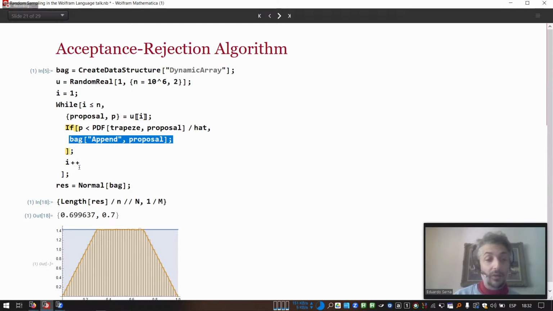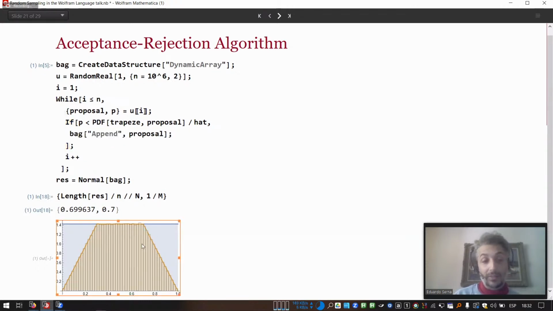We do this in a loop, and we get the samples that we can see here, the histogram overlaid with the PDF, and we see that it follows quite nicely. But we also see that we've essentially thrown away 30% of the proposals.